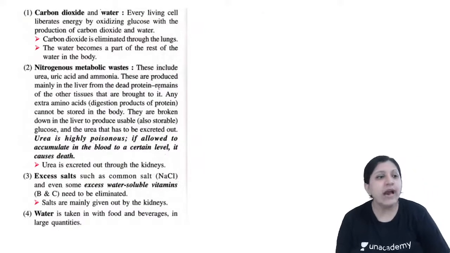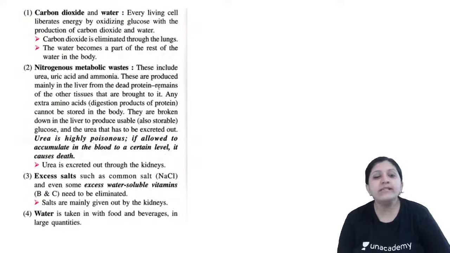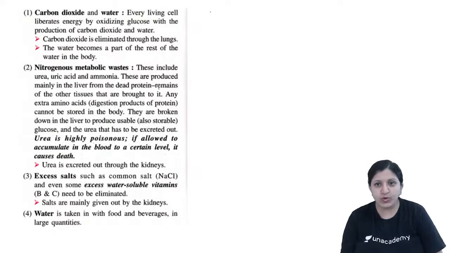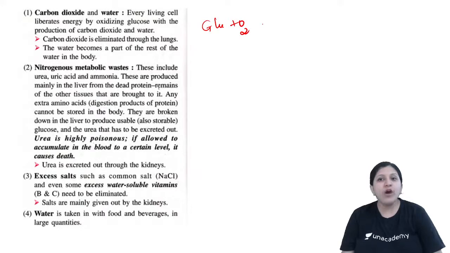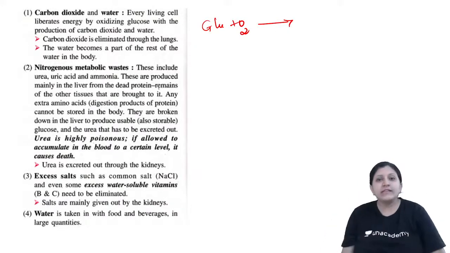Now carbon dioxide and water. Every living cell liberates energy by oxidizing glucose. This is what we talk of with respect to cellular respiration. Glucose combines with oxygen, and you are respiring continuously.